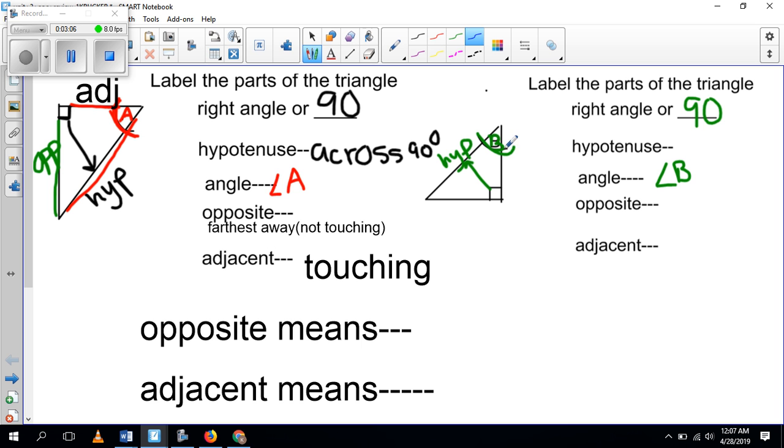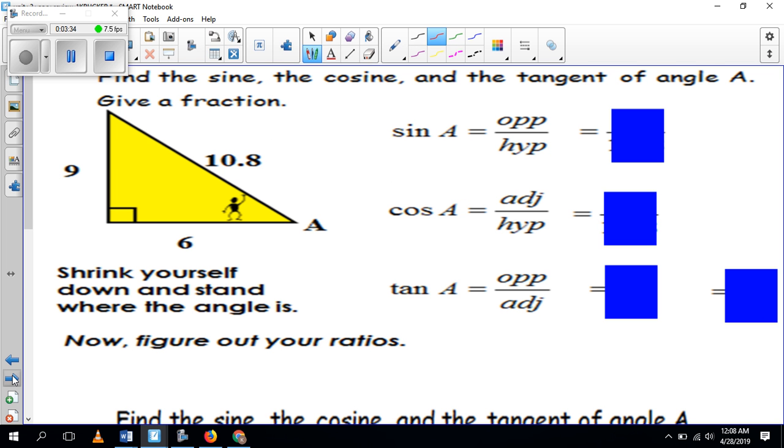Angle B is touching the hypotenuse line and this line here, so it has to be this line that's farthest away. That's my opposite, OPP. That means this line over here will have to be adjacent. You can go back and watch this video as many times as you need.